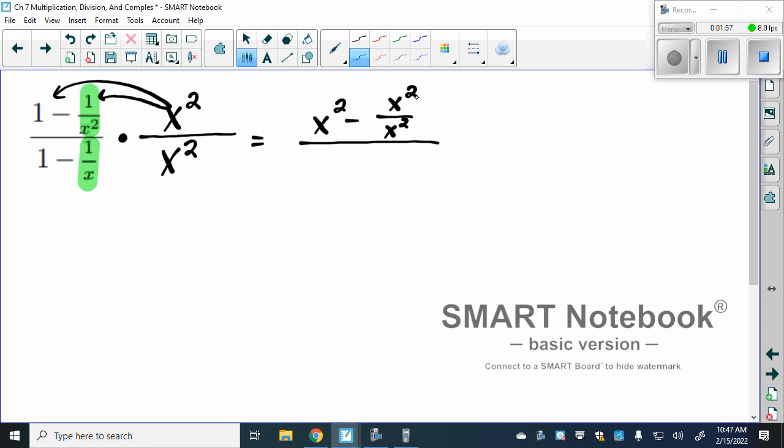So when we multiply x squared by the entire numerator, we're going to have x squared minus x squared over x squared. We'll do the same thing with the denominator. X squared times the 1 would be x squared. And x squared times the 1 over x is going to be minus x squared over x.